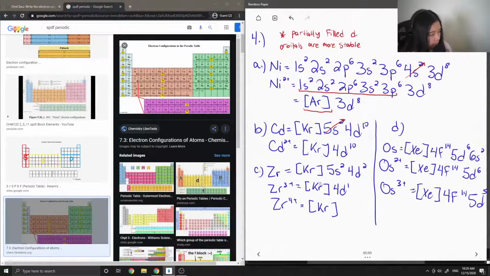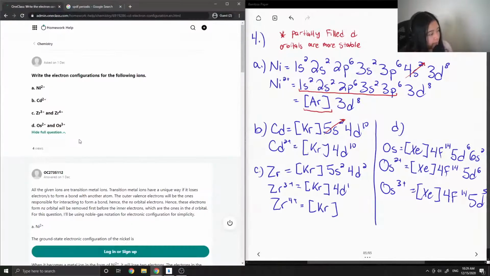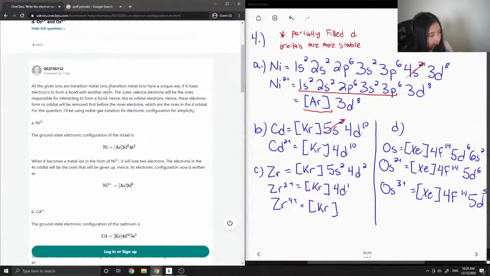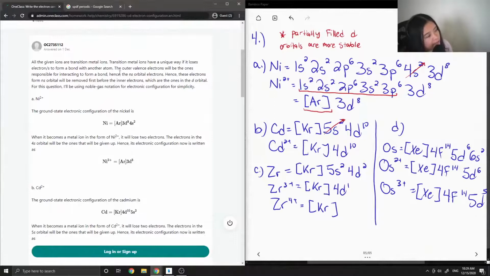Okay, so let's see what the junior tutor said. All the given ions are transition metal ions. Transition metal ions have a unique way of losing electrons to form a bond with another atom.